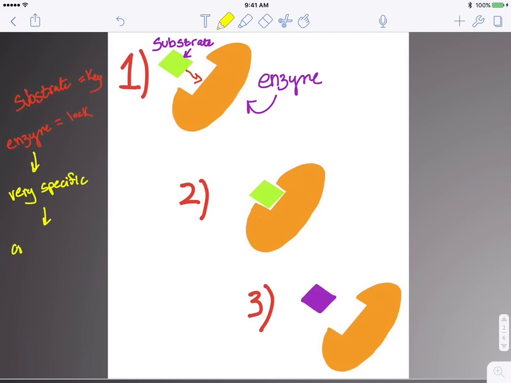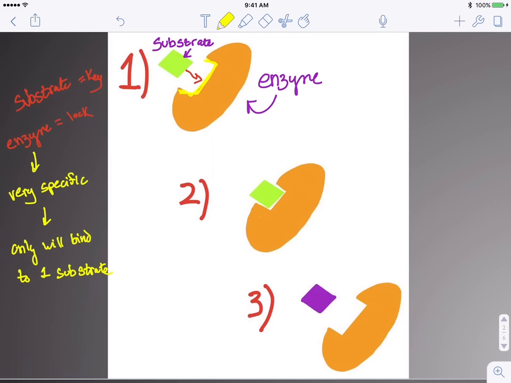It's only really going to bind to one substrate, okay? And that's something I need you guys to really understand, is that we have our key and our lock, and this enzyme is really only going to bind to one type of substrate at its active site, okay? And remember, that active site is right in there that I'm shading yellow, okay?